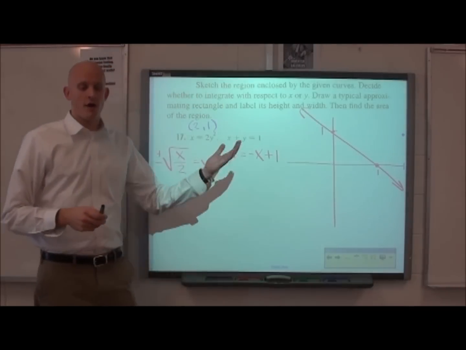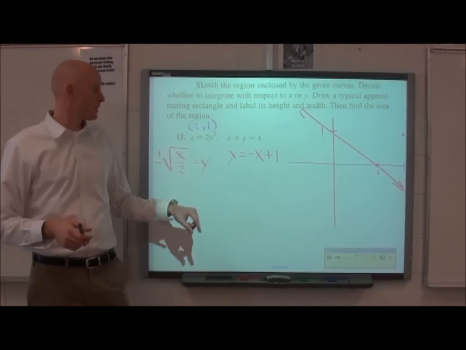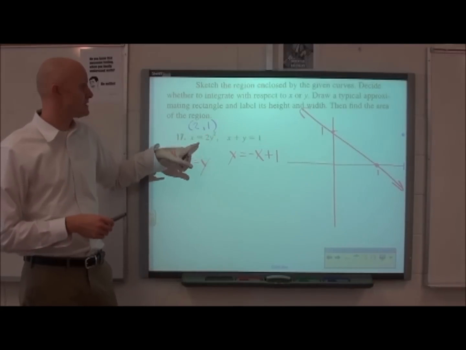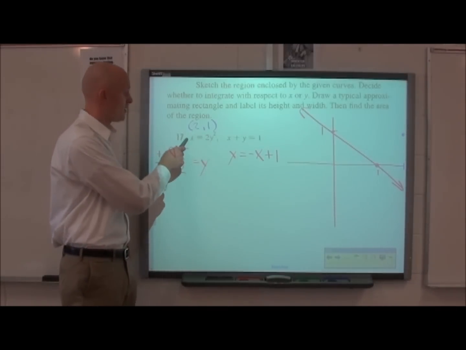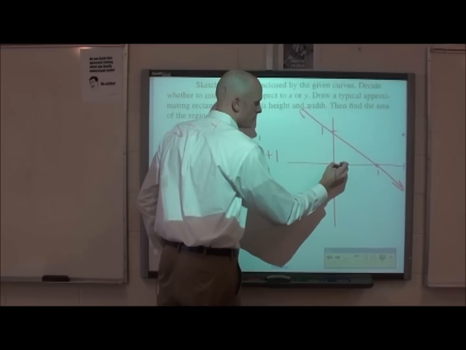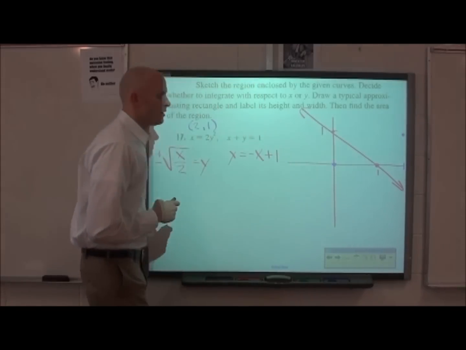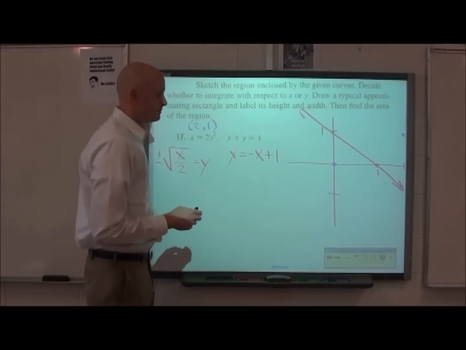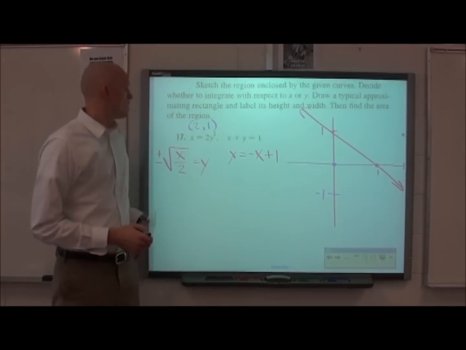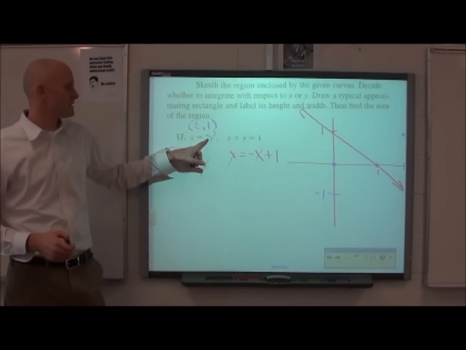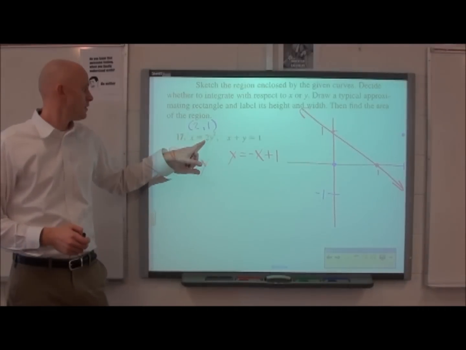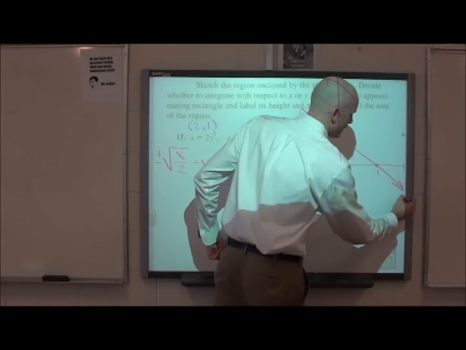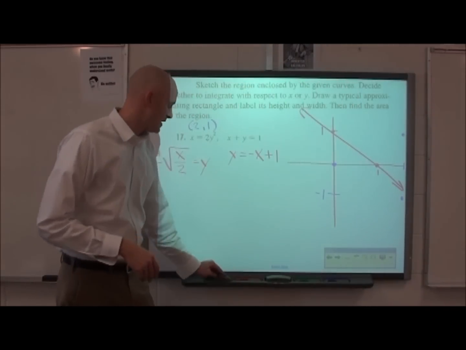And that is one of our values on the curve. When our y value is 0, we could plug 0 in here, our x is 0. When our y value is negative 1, we can plug it in here and come up with an x value of 2. Negative 1 on the y and 2 on the x.